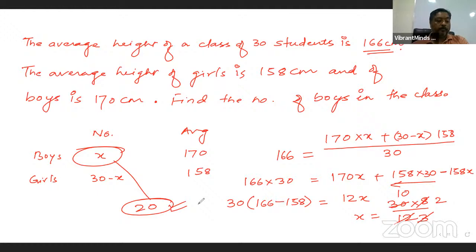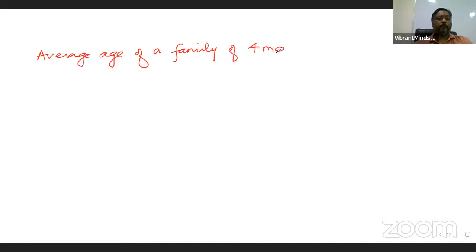Did you get my point? Okay. Let's go with another example, a very basic example. Average age of a family of 4 members is 35.